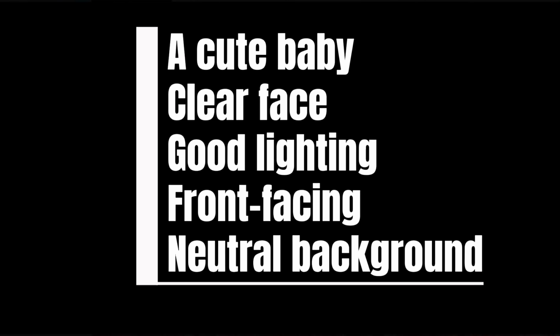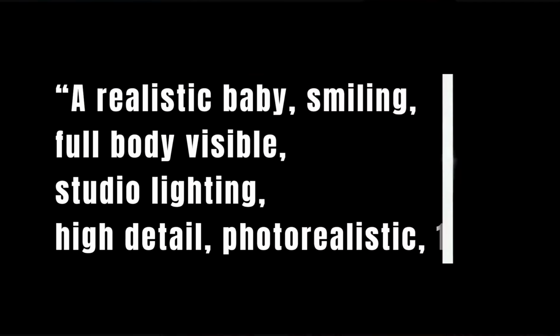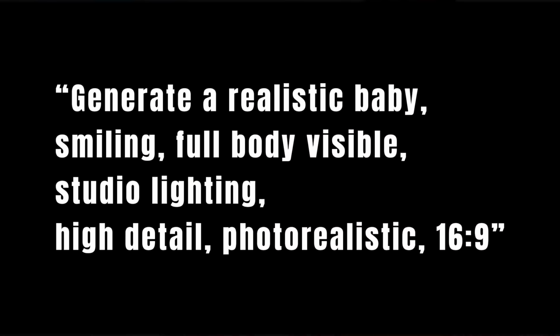So what are you supposed to generate when using any AI image generator? You can generate a cute baby, clear face, good lighting, front-facing, neutral background. Your prompt can look like, let's say, generate a realistic baby, smiling, full body visible, studio lighting, high detail, photorealistic.